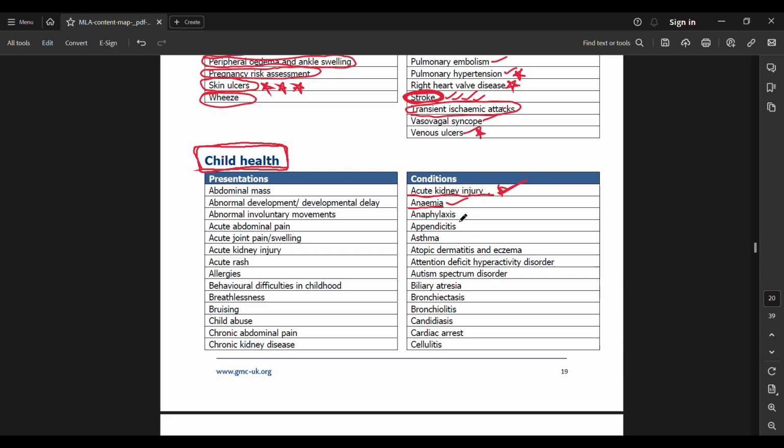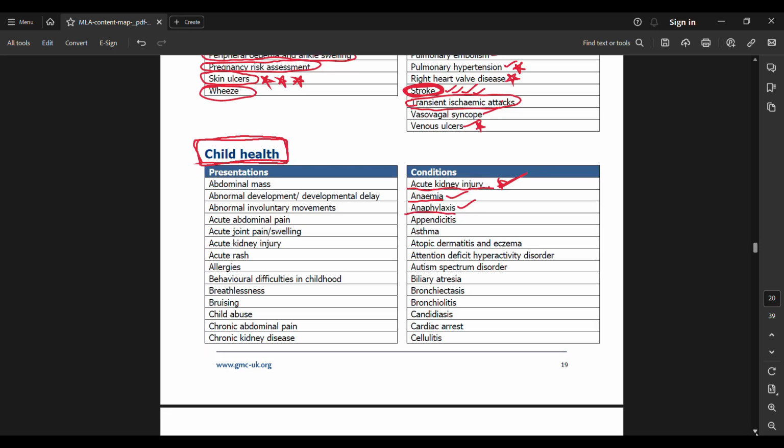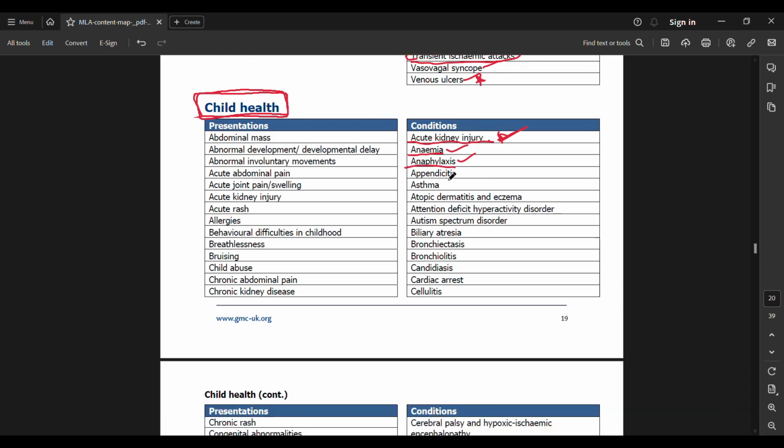Next, you have anaphylaxis. Again, a very important topic. Make sure you know how anaphylaxis will present. This is usually where a child has been given a drug they're allergic to, an antibiotic they're allergic to, penicillin usually, or a child has ingested a food that they're allergic to. This is how this shows up usually.